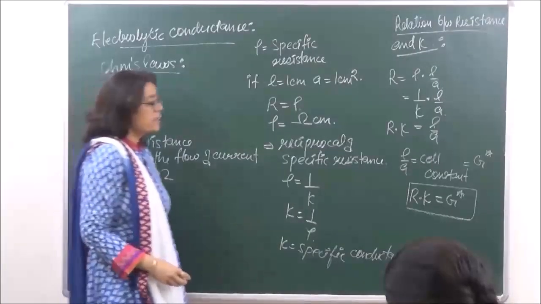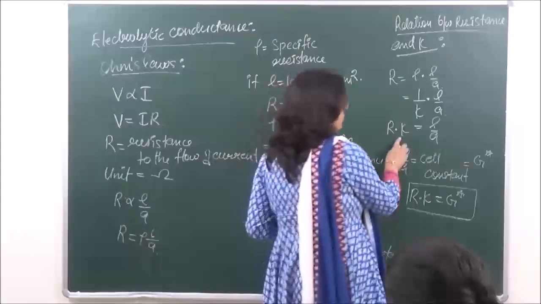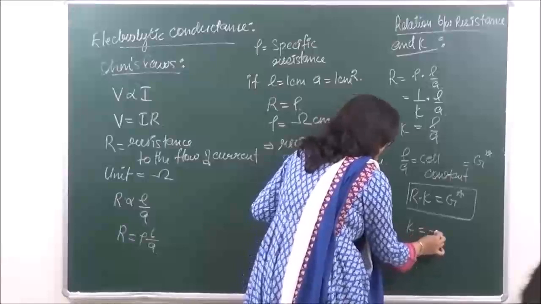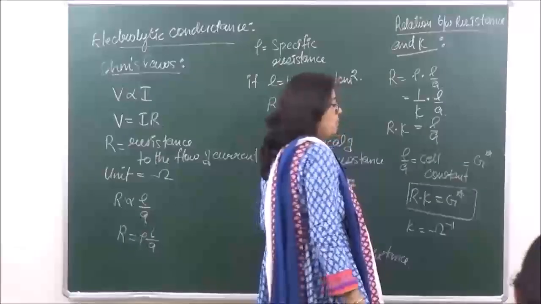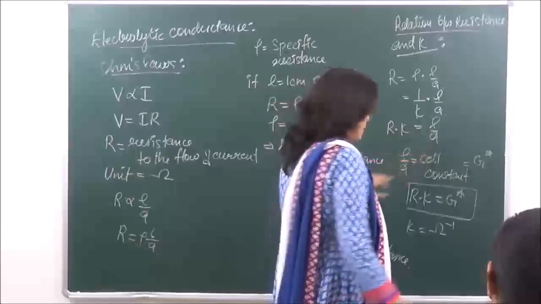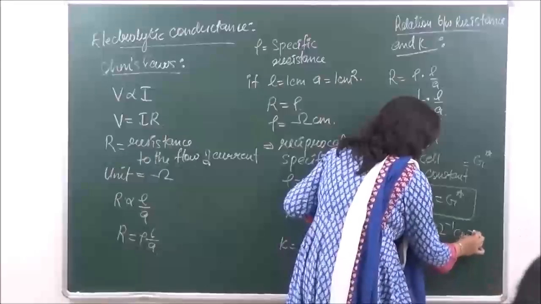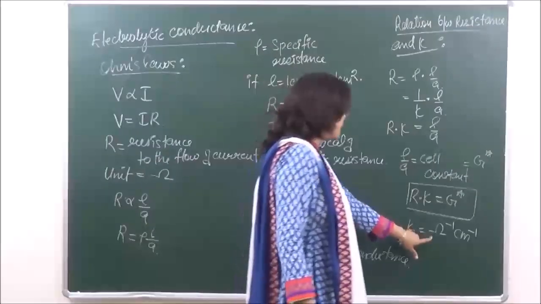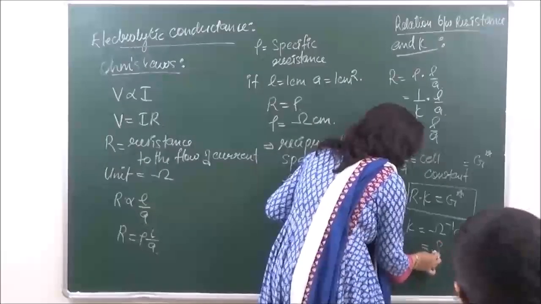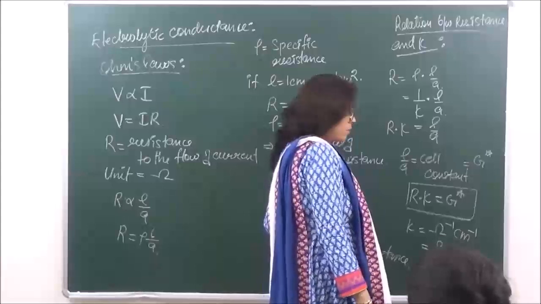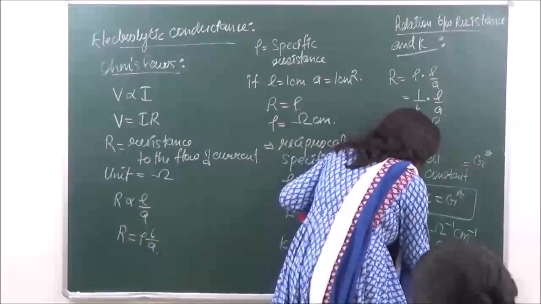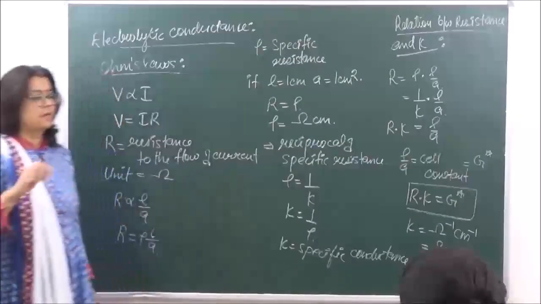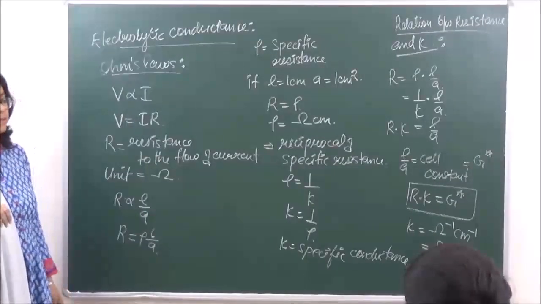The units of kappa can be derived from here. It becomes per ohm per centimeter, and this per ohm is also denoted by S, which means Siemens. So the unit of kappa is Siemens per centimeter.